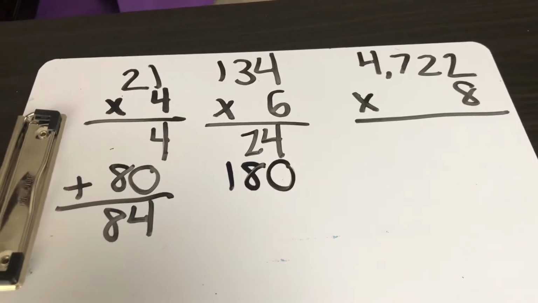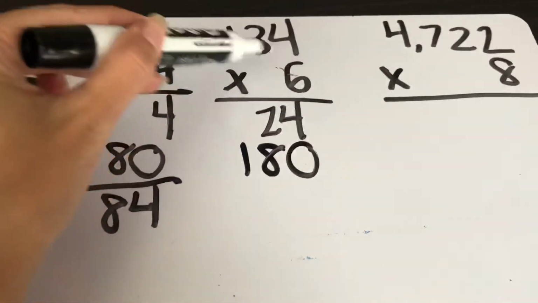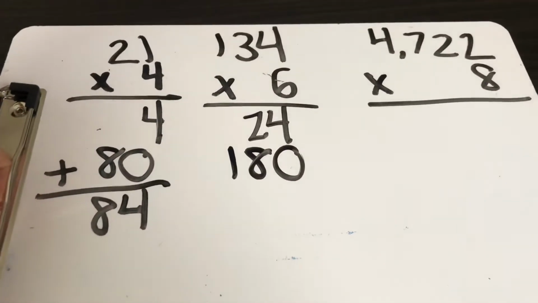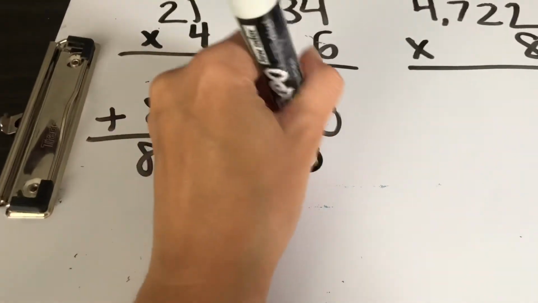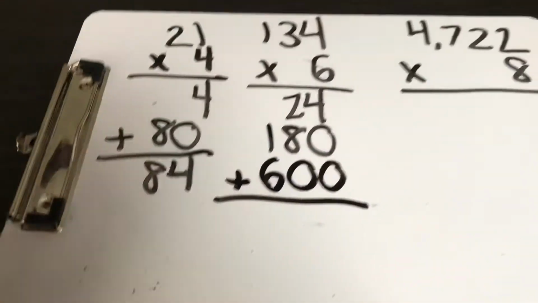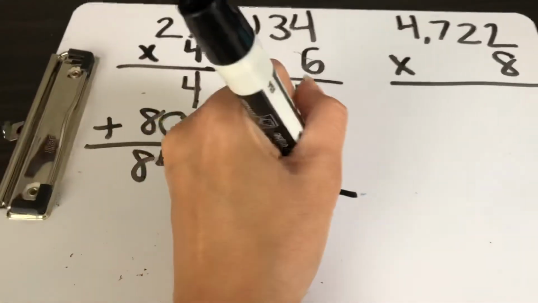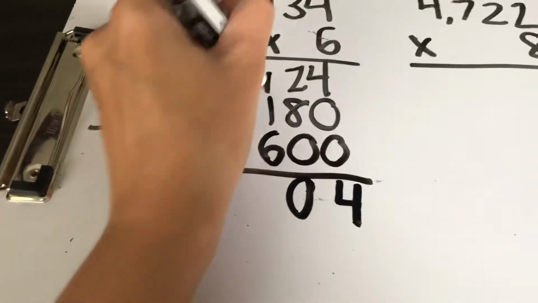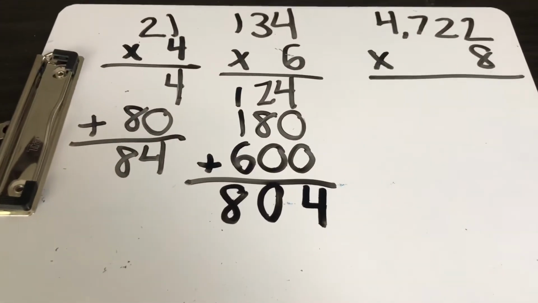And then there's just the added step, since it's a three-digit number, of multiplying the hundreds place. 6 times 1 would be 6, but it's 6 times 100, so that would be 600. And then just like before, we take our partial products, we add them all up, and that gives us 804.